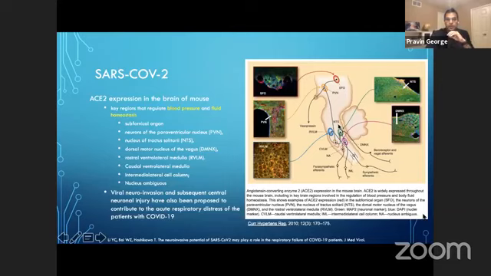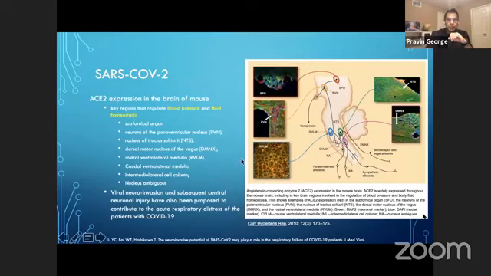These are all very important structures that deal with the regulation of blood pressure and body fluid homeostasis. Some of it deals with awake and sleep cycles as well. So all of these are affected, and all the way down into the intermediolateral cell column. So dysautonomia could be seen with something that affects the ACE2 receptor in such a way.